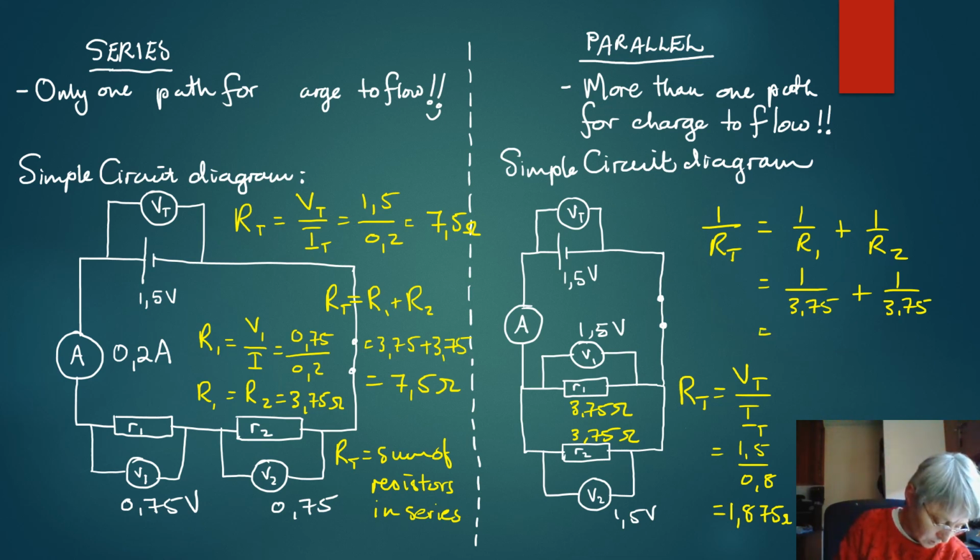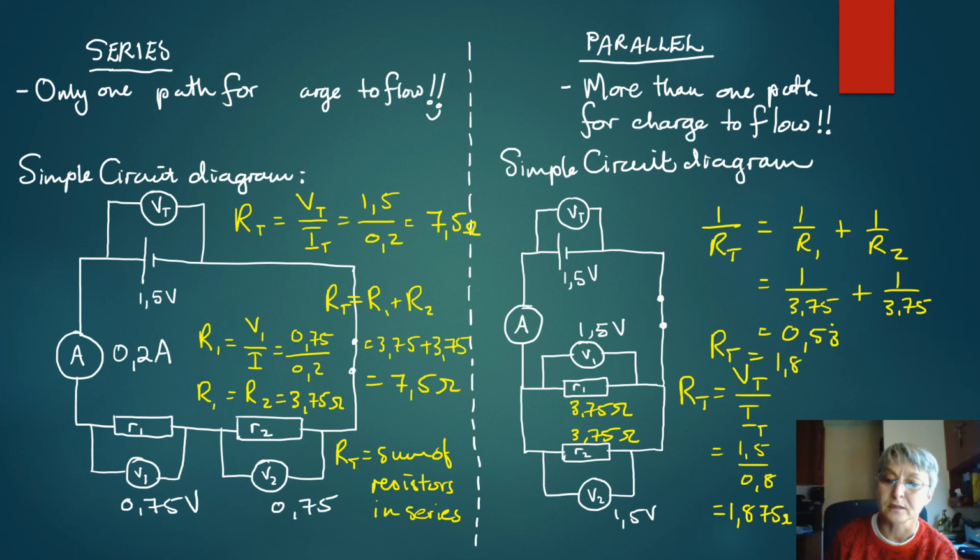So that would be 2 over 3.75, which is 0.53 repeated. If I take the inverse of that, I get the total resistance in the parallel circuit, which is 1.875 ohms.